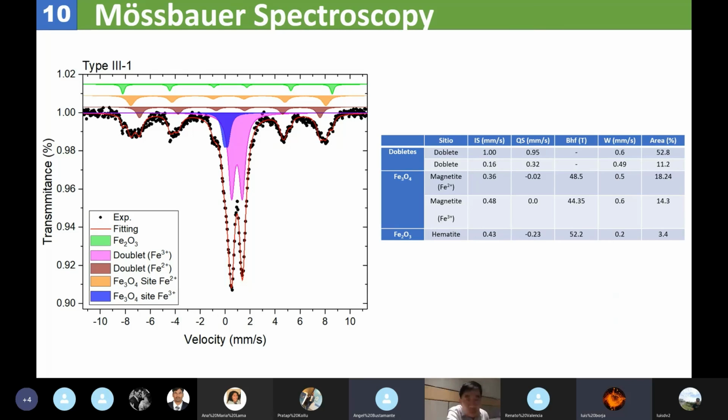Yeah, I made a confusion assigning the labels of the subspectra.